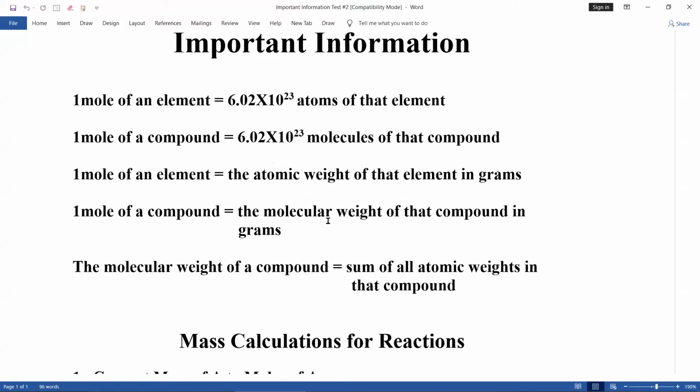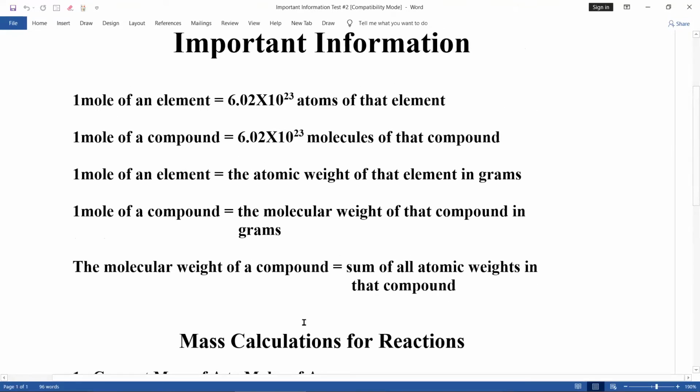The molecular weight is the sum of all atomic weights in that compound.